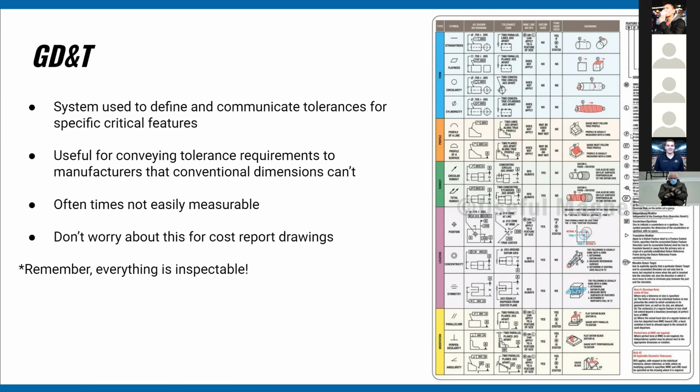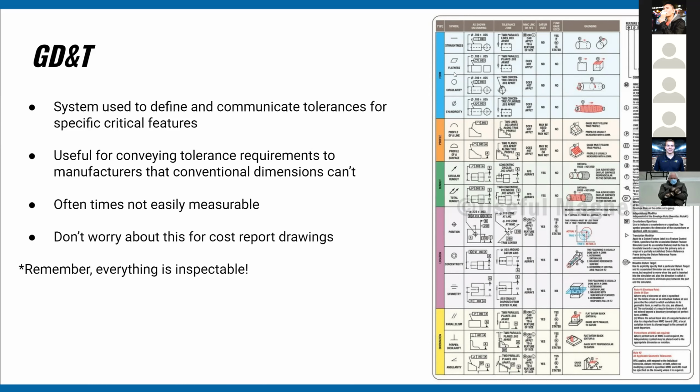So GD&T is kind of like its own library, maybe not as expansive as a library, but there's plenty of them here. They're symbolic, to represent what kind of feature you're trying to apply. They're useful for conveying tolerance requirements to manufacturers that conventional dimensions can't.